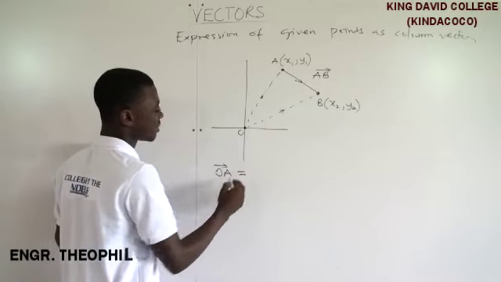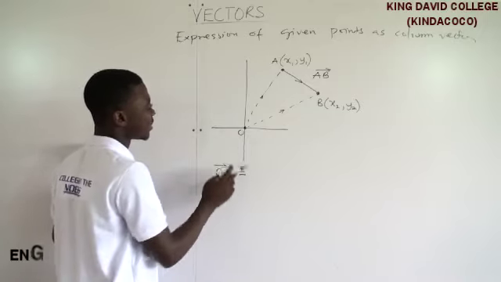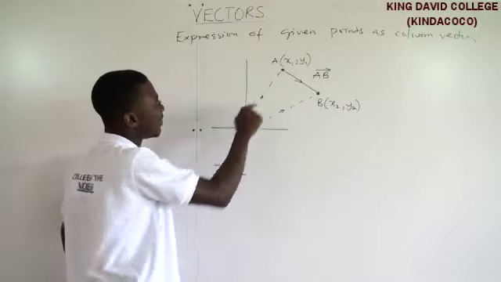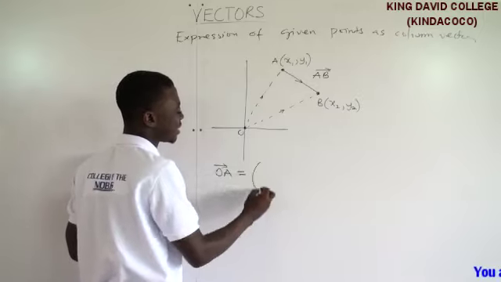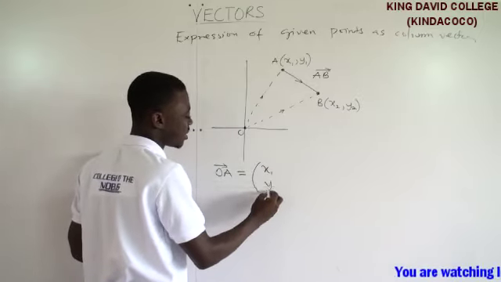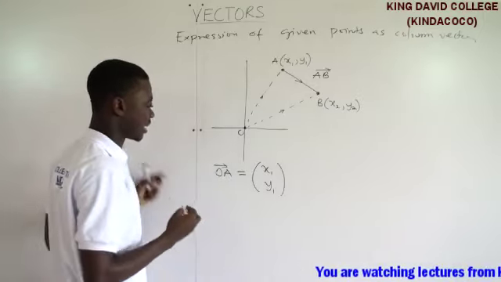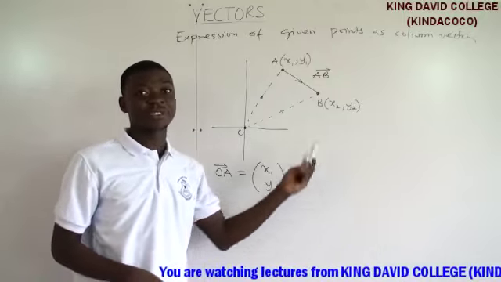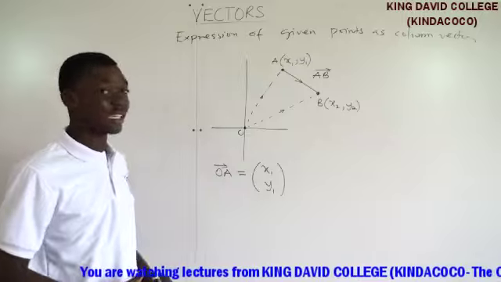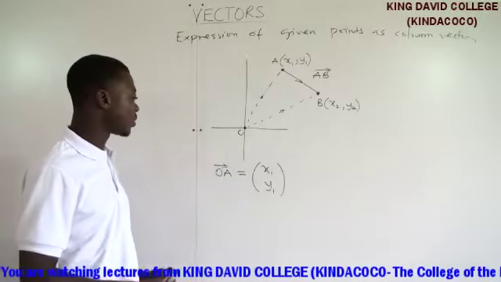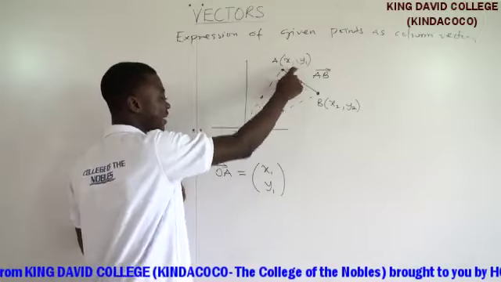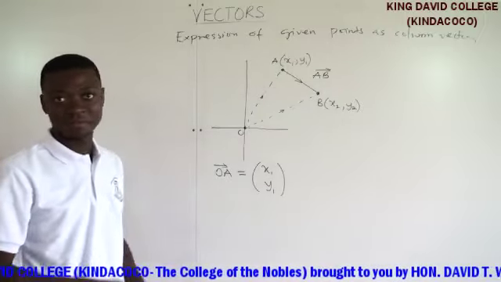O is 0, 0, so it will not change the values here. So the vector O to A is x1, y1. It's supposed to be x1, y1 minus 0, 0, but 0, 0 is nothing. So if I make it a link with the origin, I can rewrite this coordinate as a vector point. Simple.